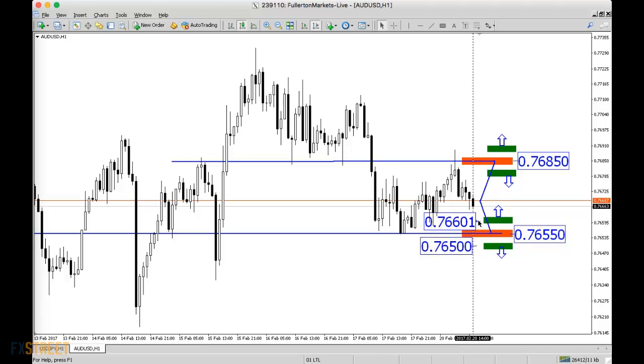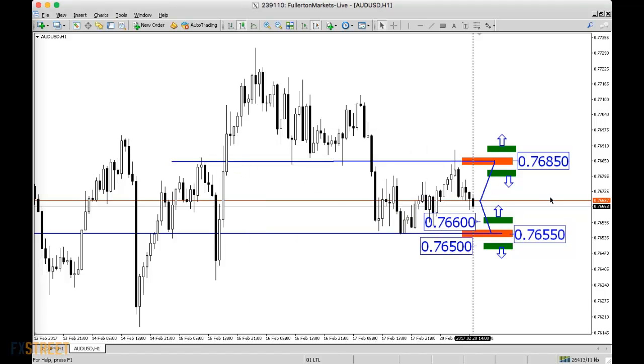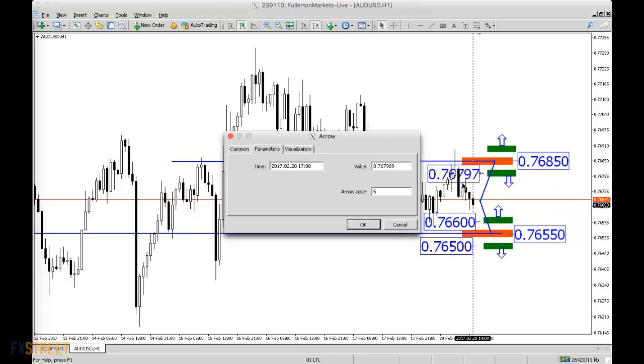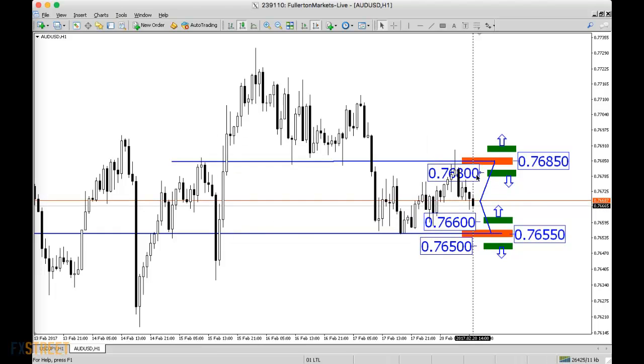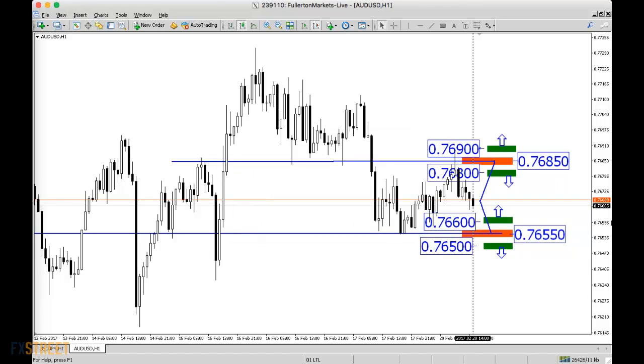For this green box it is about 0.7660 plus minus, or 0.7661 or 2. And this green box is about 0.7680 plus minus. And the top one is 0.7690, thereabout.